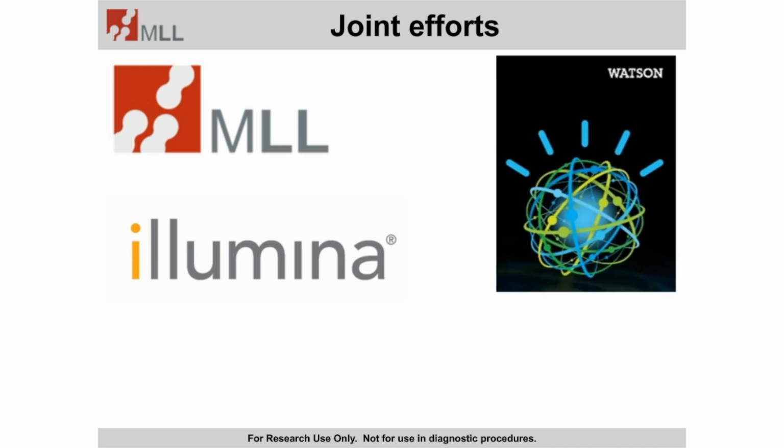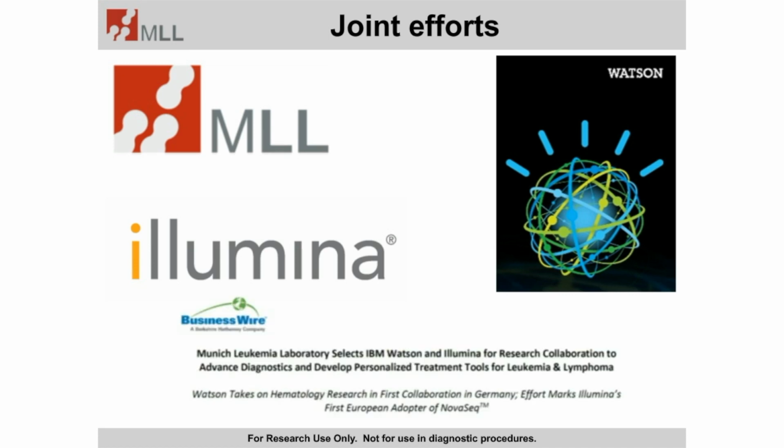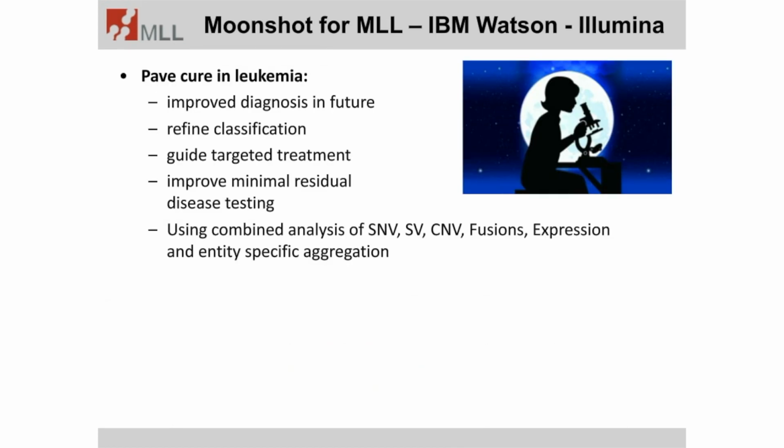The intention is to use a large-scale approach, investigating a lot of genomes and RNA-Seq, and to address this data set with the best available software tools. We call it the moonshot for MLL, that is only possible by combining all our efforts with Illumina and IBM Watson.